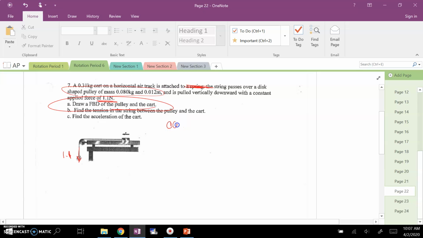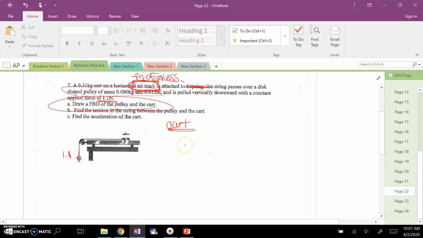I'm going to start with the cart because I think it's easier. Whenever they say something like air track, I don't know if this problem says that there's no friction, but this type of statement implies that there's no friction. Frictionless. It's like an air hockey table where there's minimal friction.